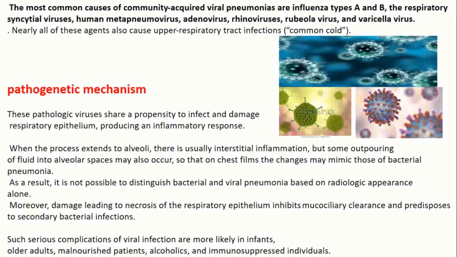When the process extends to alveoli, there is usually interstitial inflammation, but some outpouring of fluid into alveolar spaces may also occur, so that on chest films the changes may mimic those of bacterial pneumonia. As a result, it is not possible to distinguish bacterial and viral pneumonia based on radiologic appearance alone.